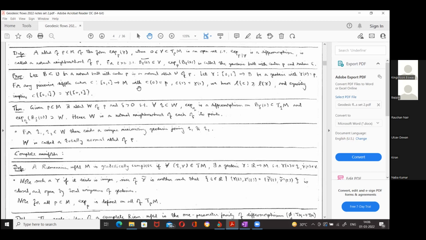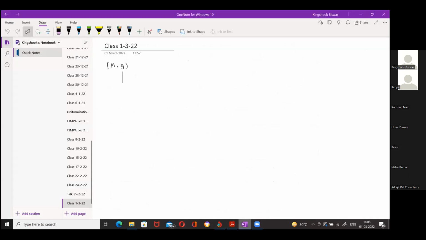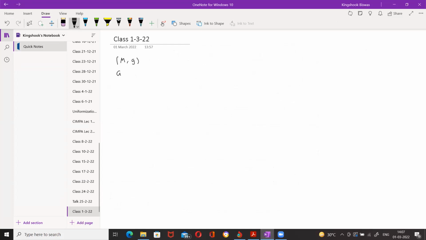Yes. Right. So if I take any geodesic and I take a point P on it, geodesics are locally length minimizing.